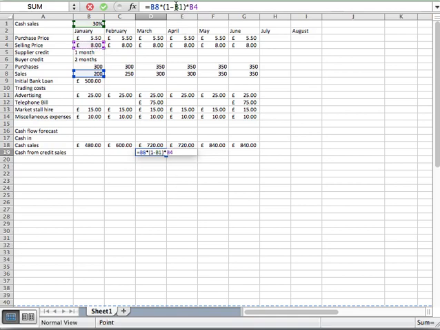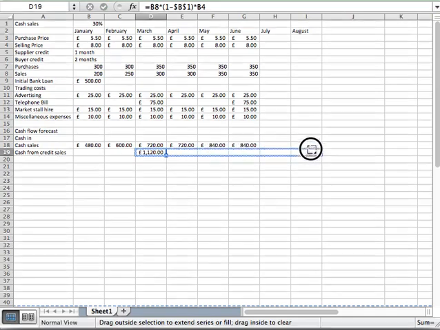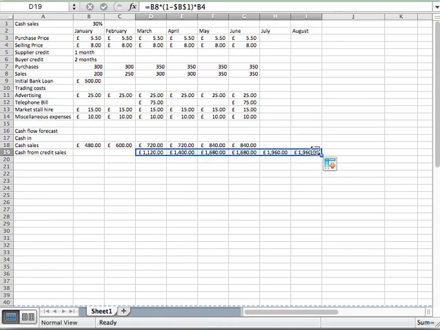But again, I want B1 to be boxed in place. That's 1,200. Now we've got 6 months worth of sales, 3, 4, 5, 6. So it means we get cash in from credit sales out as far as August, which is why I took it 2 months further on.